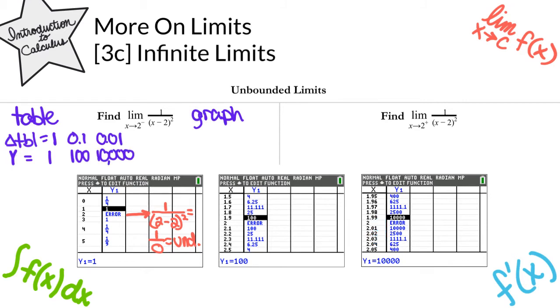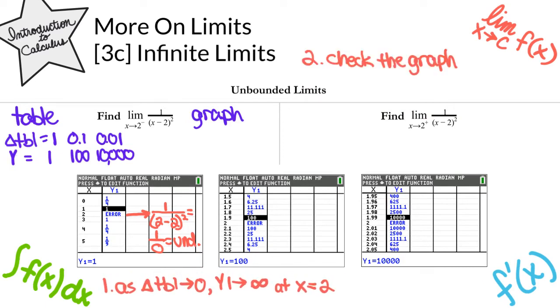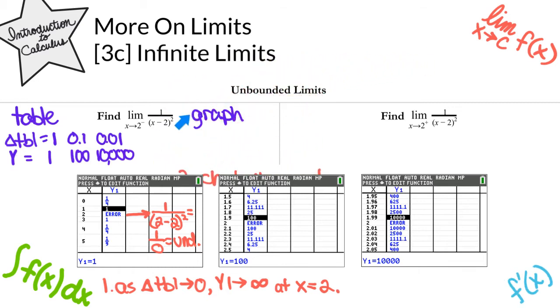Because the function value keeps changing on me, I'm thinking two things. Number one, the smaller and smaller I make my delta table, the higher and higher those function values are going to become. So the next one might be 1,000,000 or something. Also, it's telling me that maybe I should look at my graph to see more of this function.